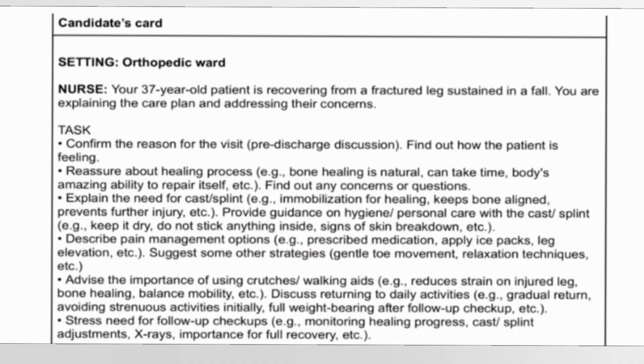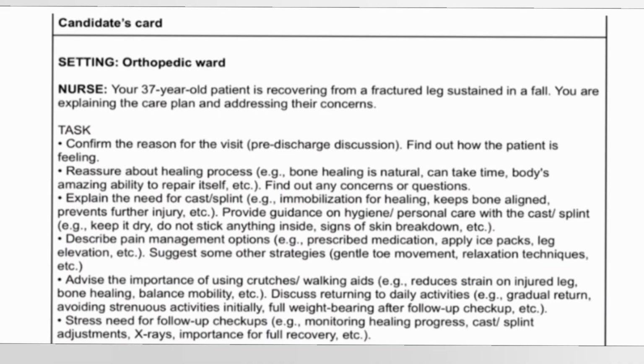While the task is confirm-based, that means we have to confirm the reason for the visit, from the patient side as well as from the nurse side. In this cue card role play, the reason is from the nurse side.